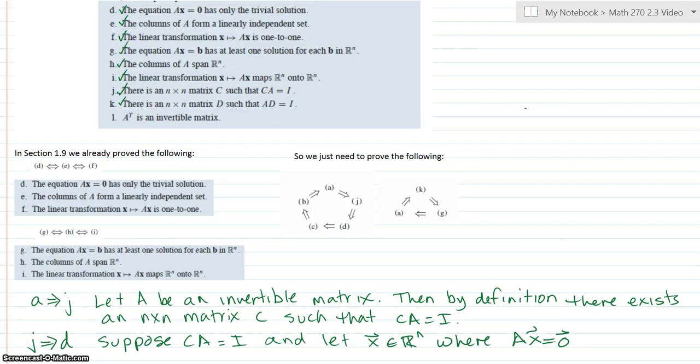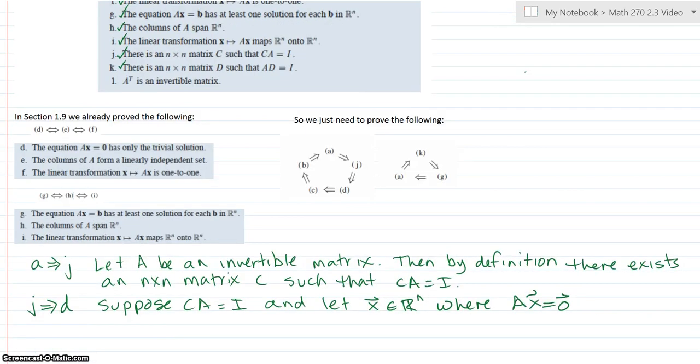So now let's look at J implies D. Suppose J. Suppose CA equals I. And let x be in Rn where AX equals 0. What do we want to prove? D, which is that equation only has a trivial solution. So what I'm going to do here is multiply both sides of this equation by C on the left side.